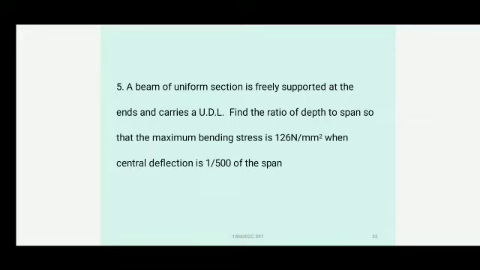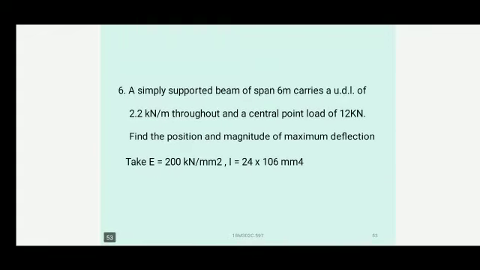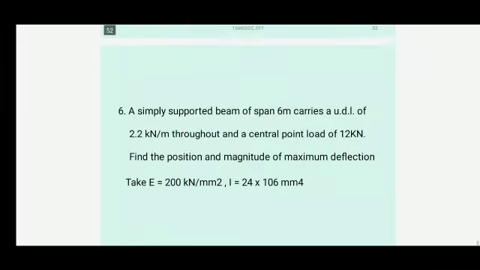Fifth problem: a beam of uniform section is freely supported at the ends and carries a uniformly distributed load. Find the ratio of depth to span so that the maximum bending stress is 126 Newton per mm square when the central deflection is 1 by 500 of the span.